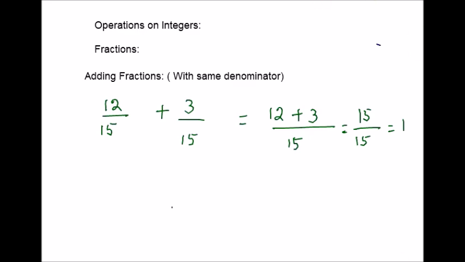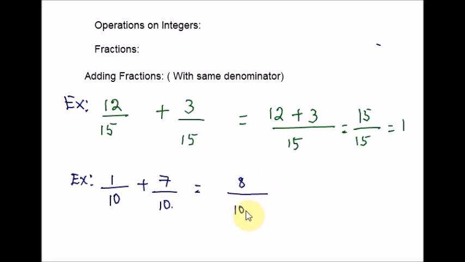Let me show you one more example. Again, the denominators are the same, so keep it common and add the numbers in the numerator. Okay, now we have to reduce the answer further. The common factor between 8 and 10 is 2.